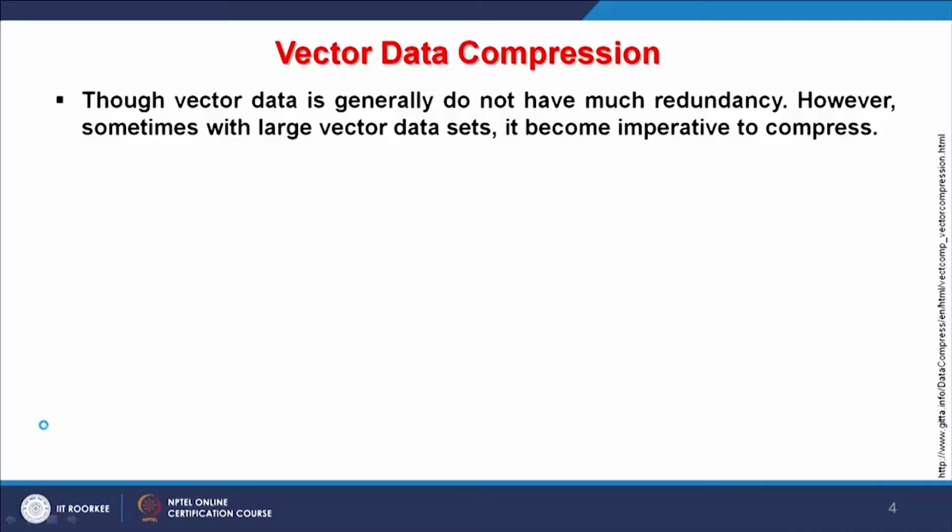Every file may not become 5 MB, but I am just taking an example. At the same time, if I have vector data of 10 MB, and I apply compression or some other tool, then probably I may not achieve 5 MB, I may get even 9 MB or 7 MB, because obviously vector data has less redundancy all the time. So, vector data generally does not have much redundancy, as I have already discussed.